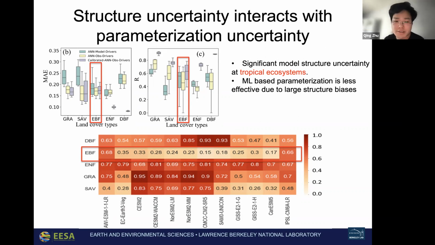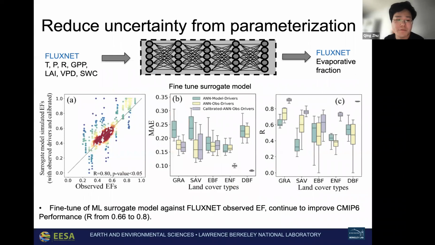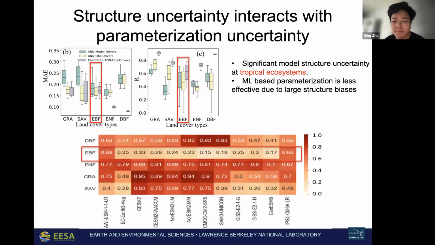Rather than here, we just have some temperature, those climate forcing, LAI, GPP, and also the EF. It gives us a broad picture, but not very detailed. So I think we can do a better job if we have more detailed model outputs and then compare with the observation. So this is the first case.